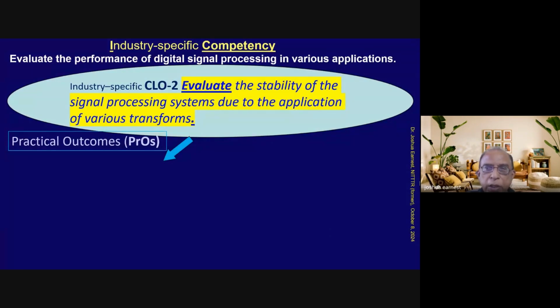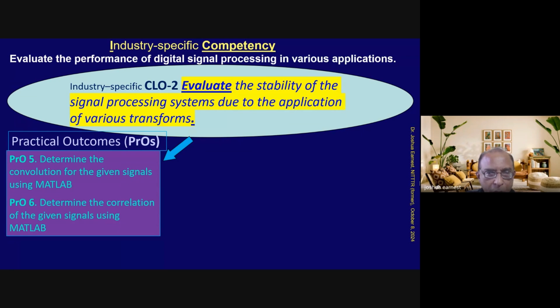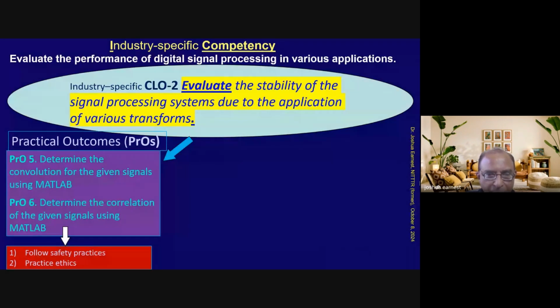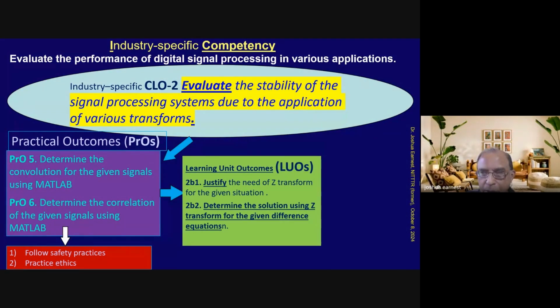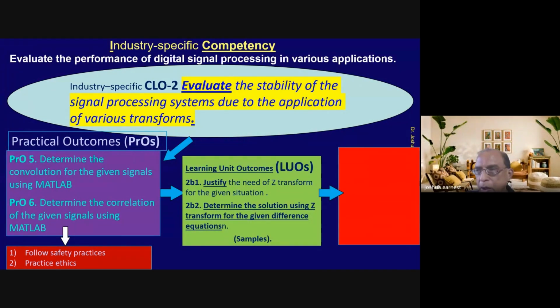Then from the ClO2, the industry wants that they should do these things. And for doing these things, they should follow safe practices, that is the affective domain outcomes and practice ethics. And then for doing the practical outcomes, they should have the learning unit outcomes. Okay, these are samples I'm giving. And then you have the topics.